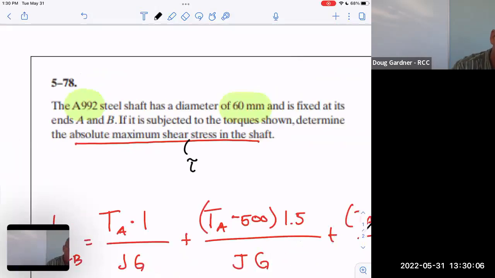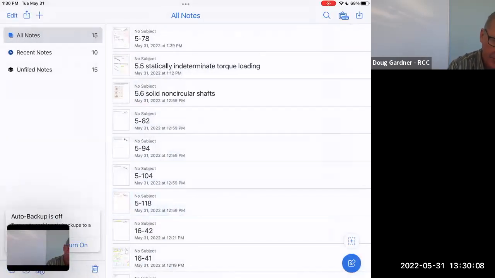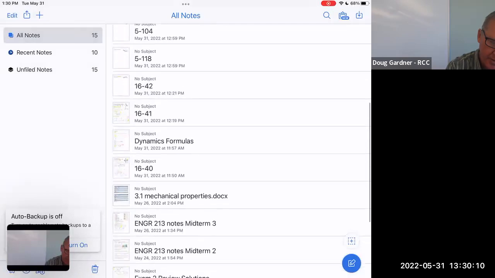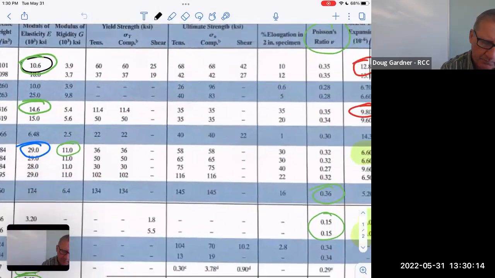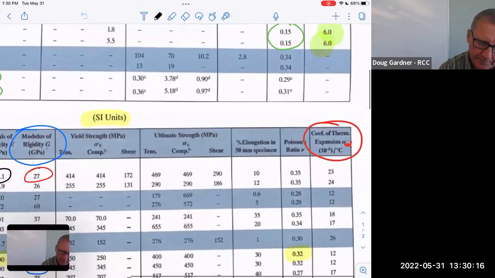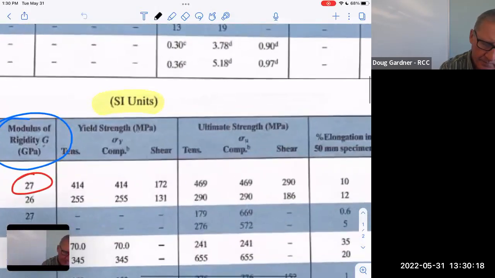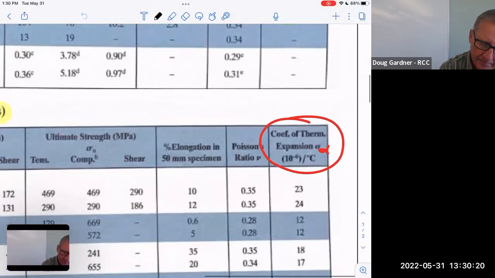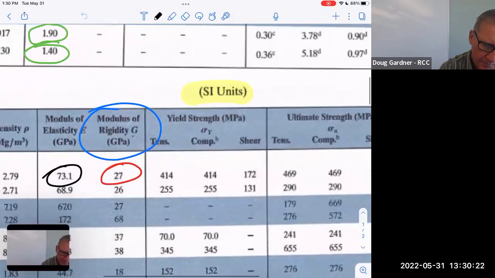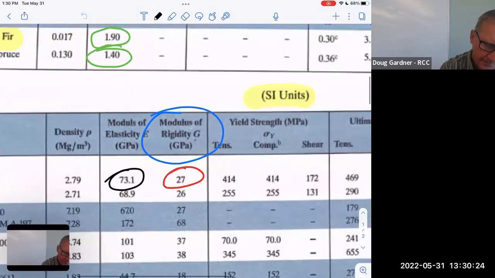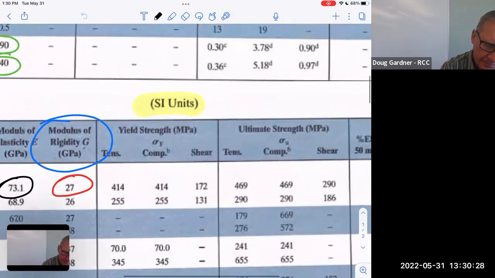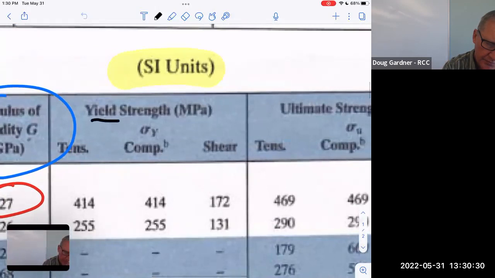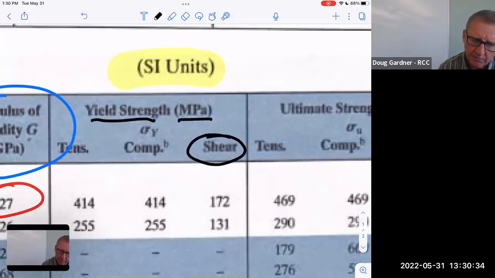Let's go look again and satisfy ourselves that it's not on the sheet. I think this was that one thing before that wasn't there. Metric. Yield strength, megapascals, shear, is that it?